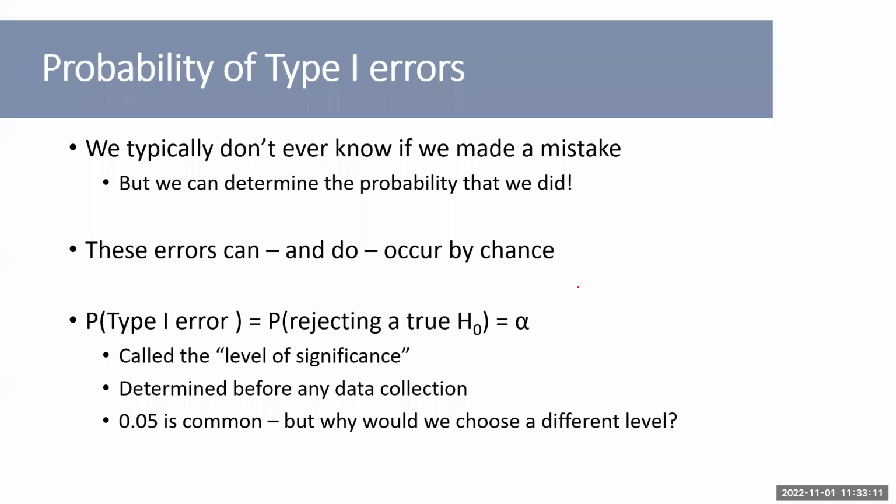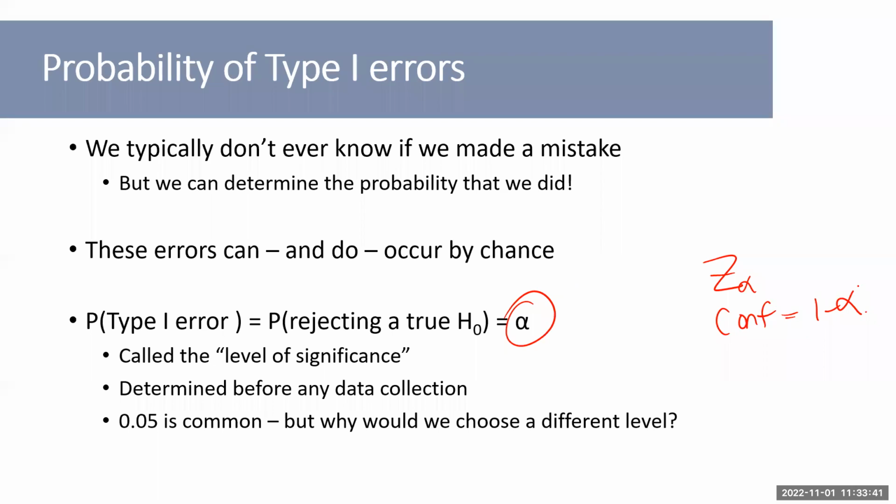The probability of our type 1 error is, remember, that probability of rejecting the null when you shouldn't. And that is going to be alpha. Now, by now, alpha should sound familiar because we've talked about Z alpha. We've talked about confidence. It's going to be 1 minus alpha. All of that, that's not coincidence. This is the same alpha. Our level of alpha is called our level of significance. And that is going to be that probability of a type 1 error.